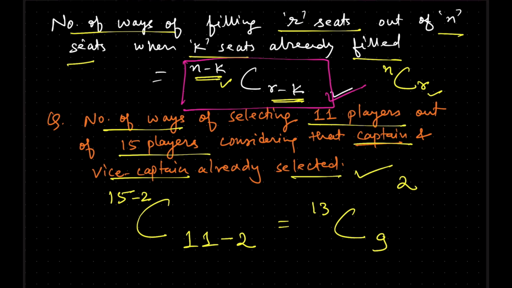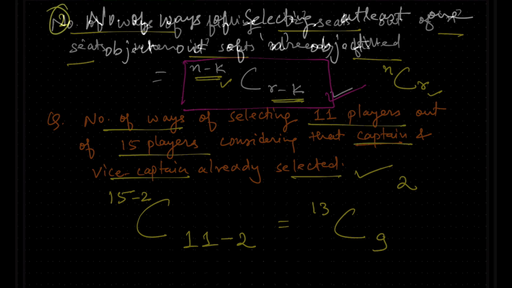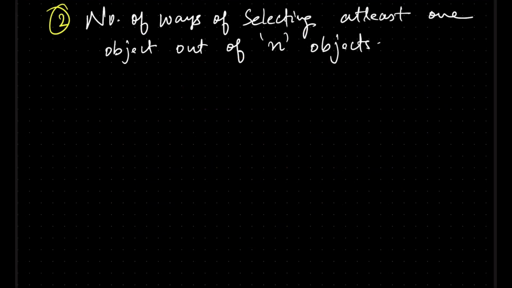Let's see the second special condition for combination. The number of ways of selecting at least one object out of n objects.